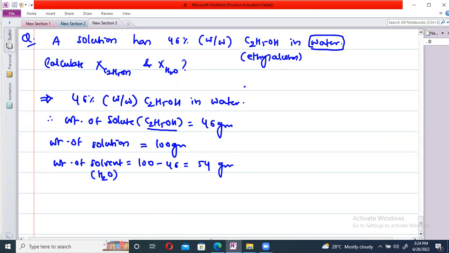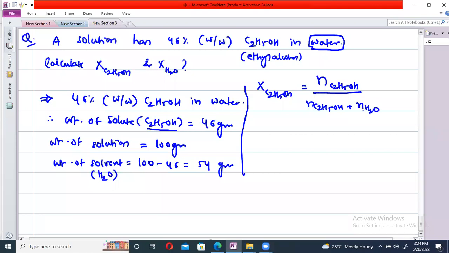Now we can reach our question. Mole fraction of ethyl alcohol equals the number of moles of ethyl alcohol by the number of moles of ethyl alcohol plus the number of moles of water. Can you find the number of moles of ethyl alcohol? The weight of ethyl alcohol is given as 46, and its gram molecular weight is also 46, so 1 mole.